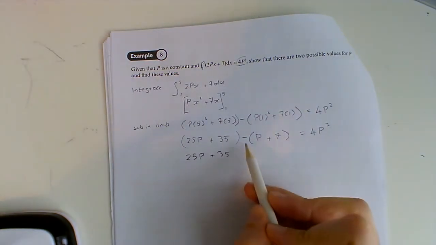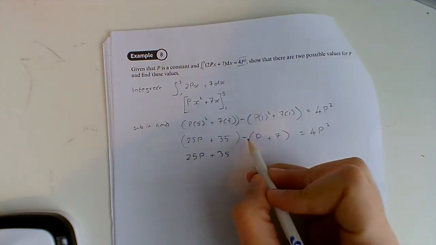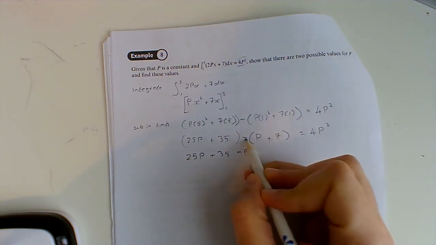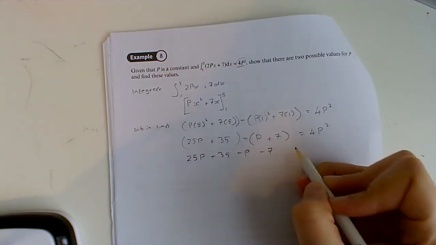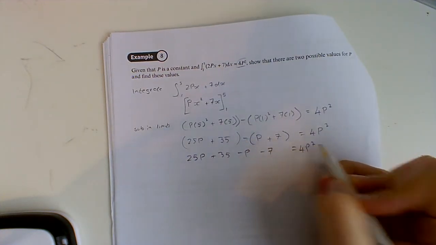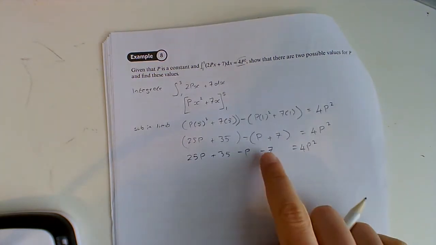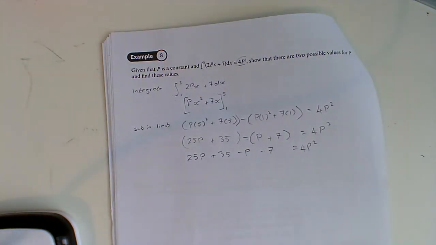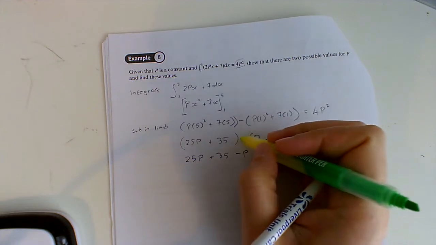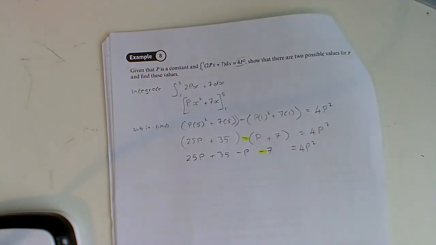What I'm talking about here is that's effectively a minus 1. That's going to give me minus p minus plus 7, which is minus 7, equals 4p squared. Okay, so you need to look out when you do that to make sure that this thing is taken into account when you expand that second bracket.